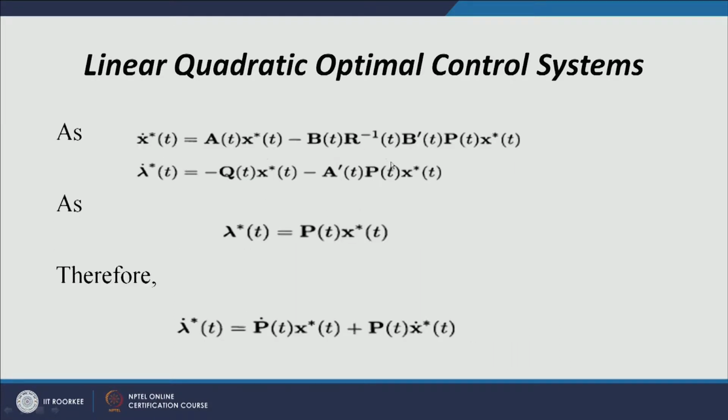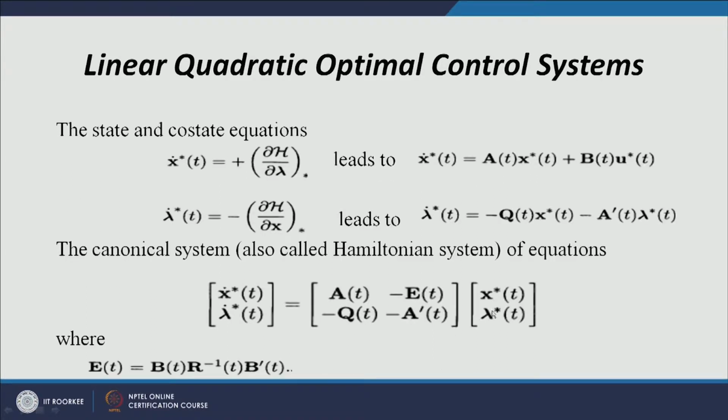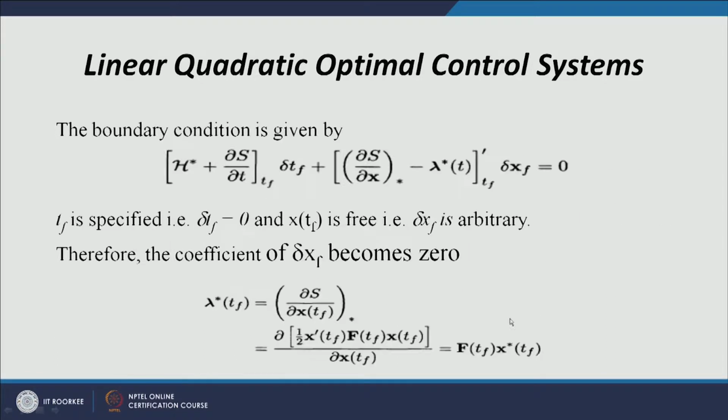In this Hamiltonian equation, I have the x dot in terms of x t, and P(t) x(t) is nothing but my lambda t. So from this relation I have replaced lambda t by P(t) x(t).